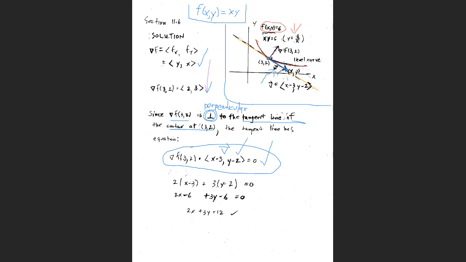Because the vector v lies on the tangent line passing through the point 3, 2 on the level curve, that means vector v is perpendicular to the gradient vector, and so the dot product equals 0. Based off of that, you can come up with the equation of that line.